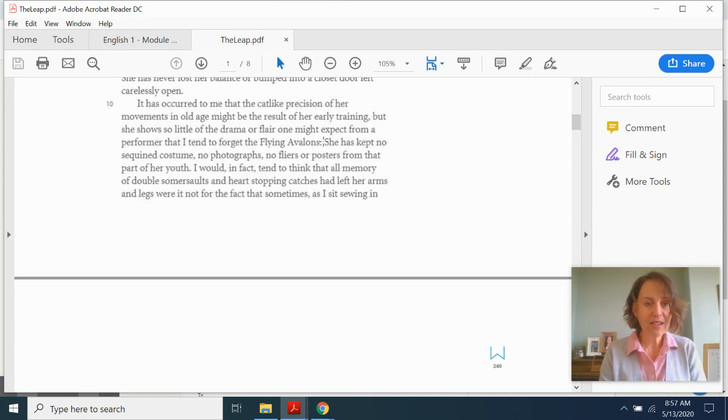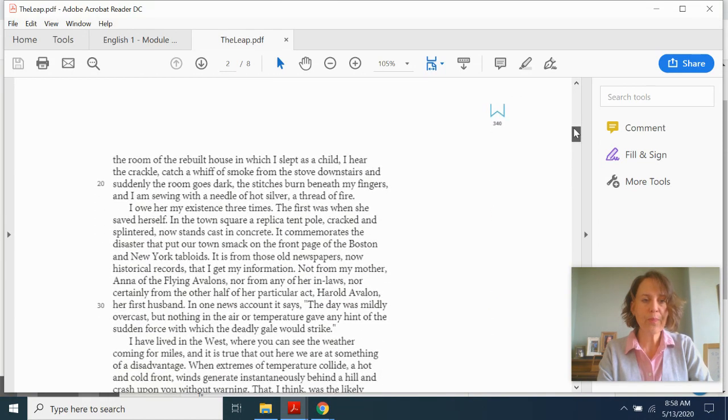I would, in fact, tend to think that all memory of double somersaults and heart-stopping catches had left her arms and legs, were it not for the fact that sometimes, as I sit sewing in the room of the rebuilt house in which I slept as a child, I hear the crackle, catch a whiff of smoke from the stove downstairs, and suddenly the room goes dark. The stitches burn beneath my fingers, and I am sewing with a needle of hot silver, a thread of fire.